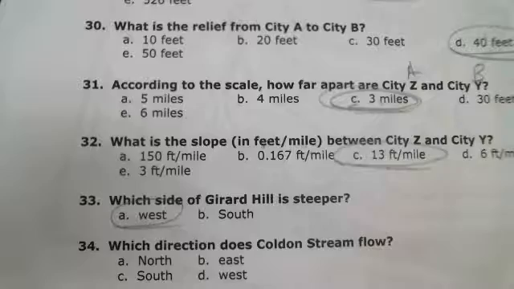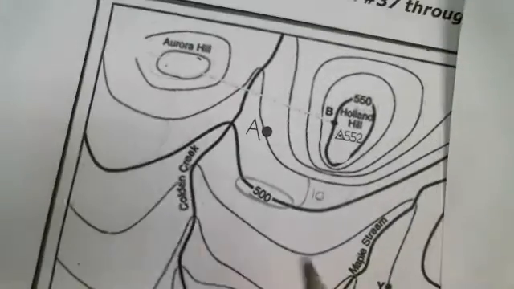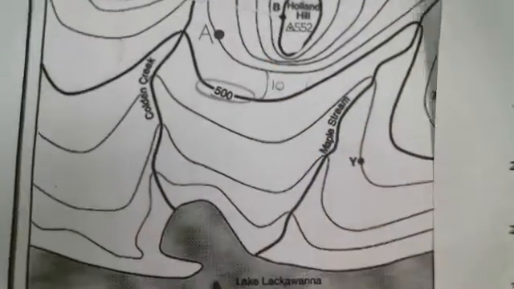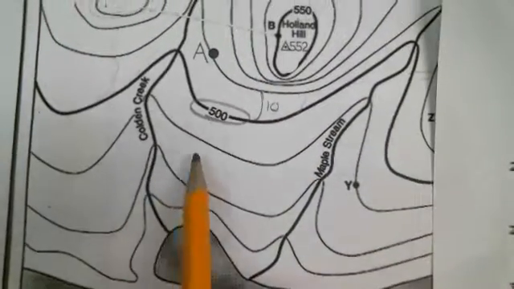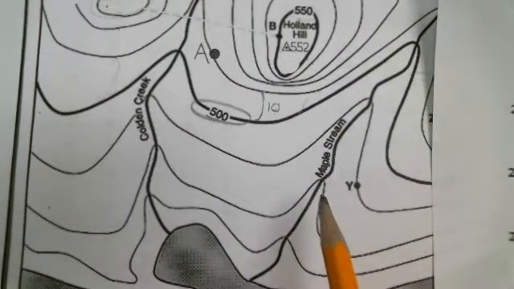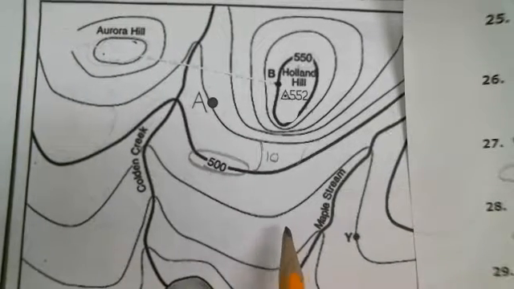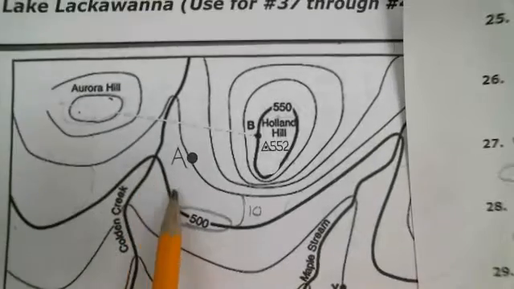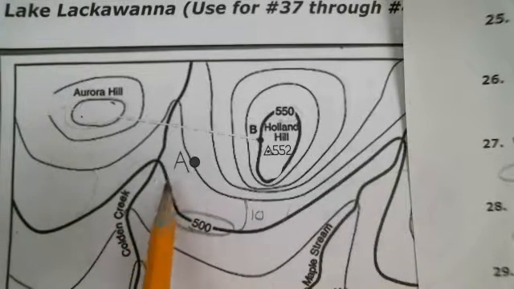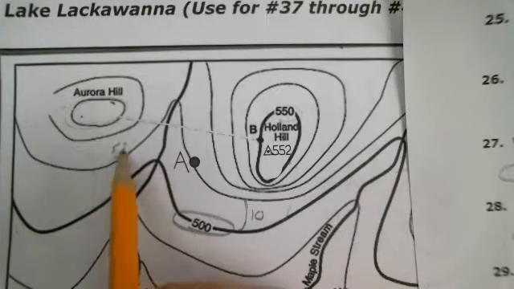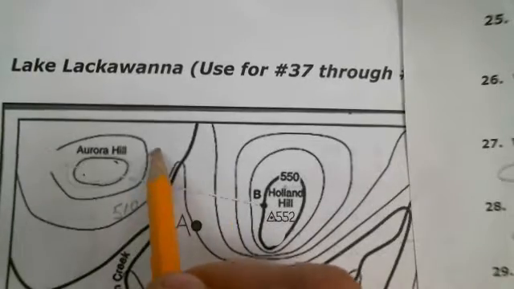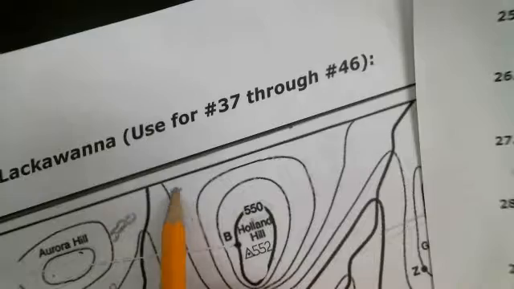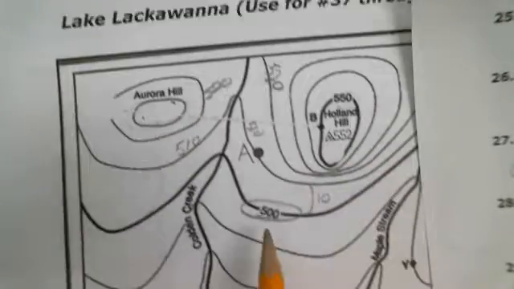What direction does Colden Creek flow? So here's Colden Creek. They can either go north or south. And there's two ways of figuring this out. One is to look at the contour lines and their numbers. Here it's 500, and we said a few moments ago that this line was 510, and this line was 520, and this one here was 510 and 520.